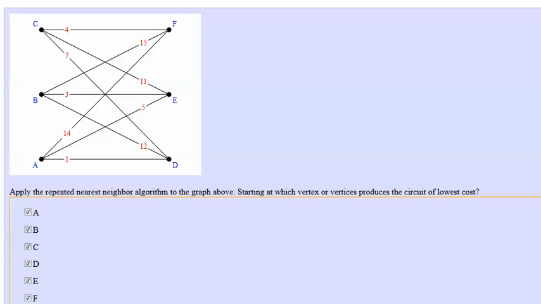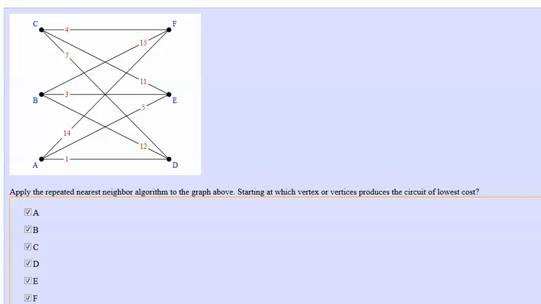From D, it will be D, A, E, B, F, C, D for a cost of 35. From E, this is going to be your most expensive one. It's E, B, D, A, F, C, E for a cost of 46.